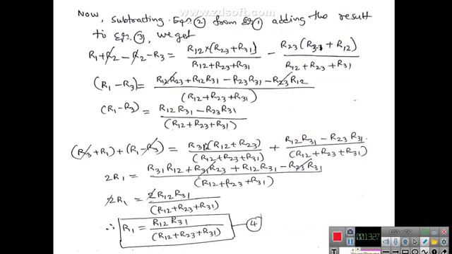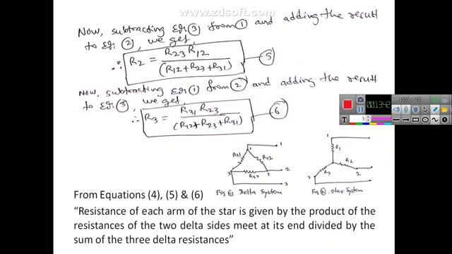Likewise, you can similarly derive the expression for R2 as well as R3. Those are the resistances connected in series with the terminals 2 and 3 in the star connected system. Now you can subtract equation number 3 from 1 and add the result to equation number 2 to get R2.